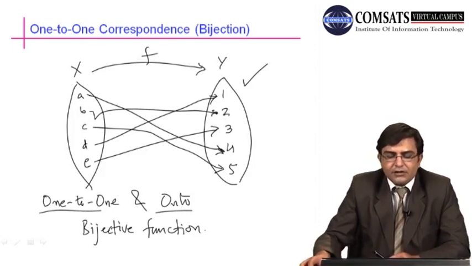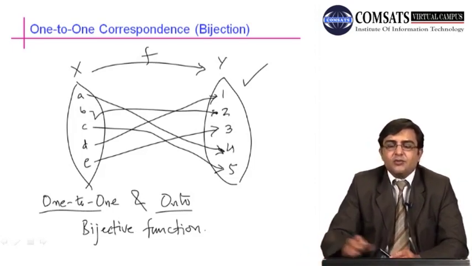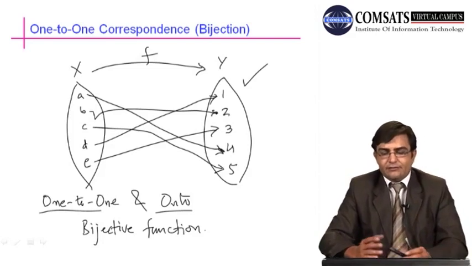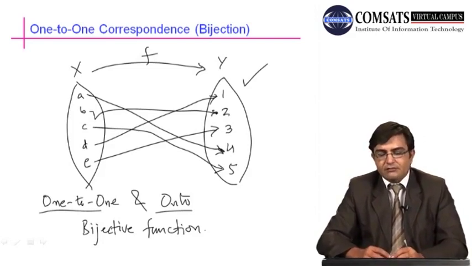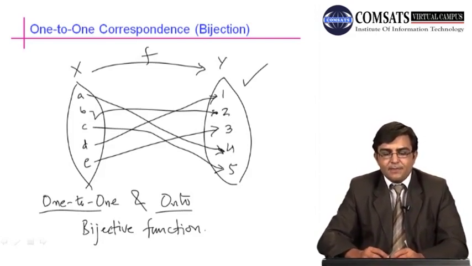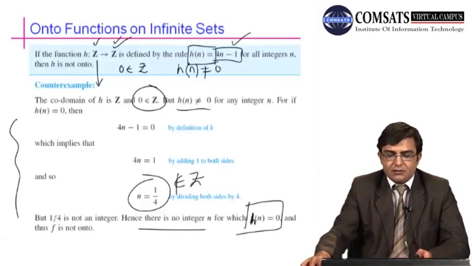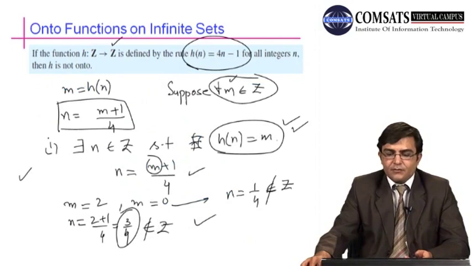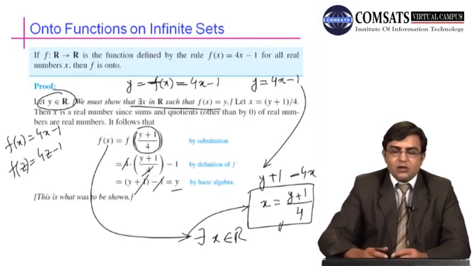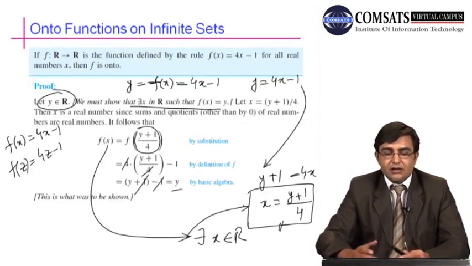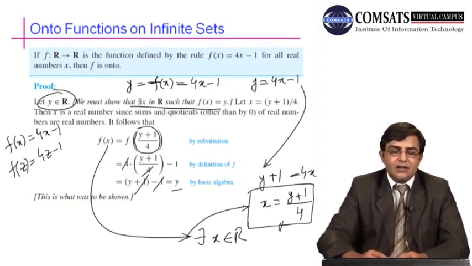Similarly, for infinite sets, we can discuss one-to-one correspondence or bijection, as we have discussed for one-to-one and onto functions.